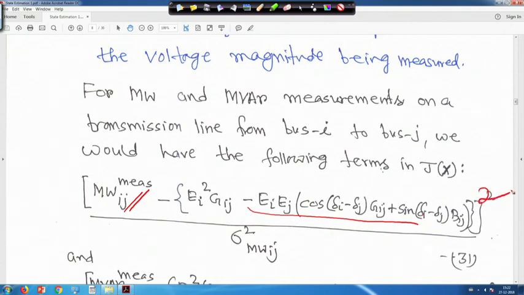Because we have to take the residue divided by sigma square megawatt Ij, that means the accuracy of the meter you have placed in the line Ij near bus I is also given. So that is your standard deviation, sigma square megawatt Ij. This is actually equation 31, right.